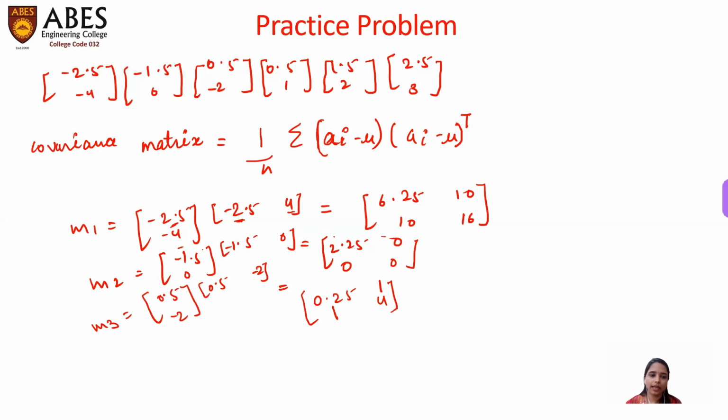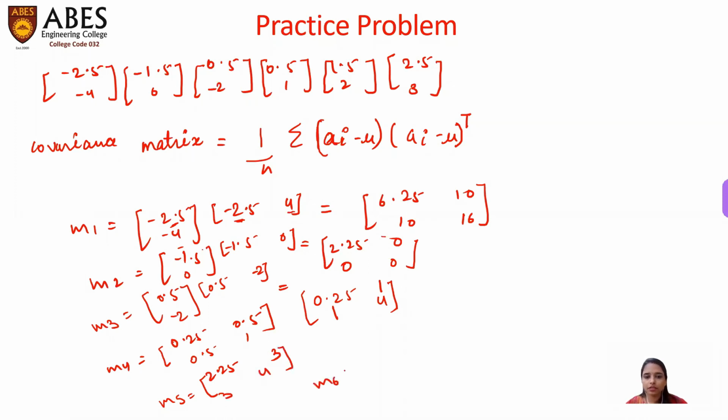So for M1, M2, M3, we have values here. And for M4, we got 0.25, 0.5, 0.5 and 1. For M5, we got 2.25 and 3 and 3 and 4.